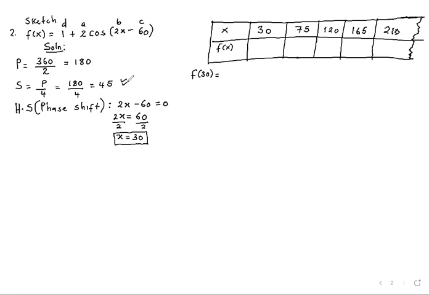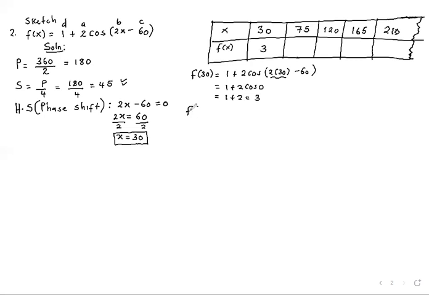So what is f of 30? That is 1 plus 2 cos (2 by 30 minus 60). This is 1 plus 2 cos, 60 minus 60, we get 0. Cos 0 is 1, so we have 1 plus 2, which is equal to 3. So this is 3 here.